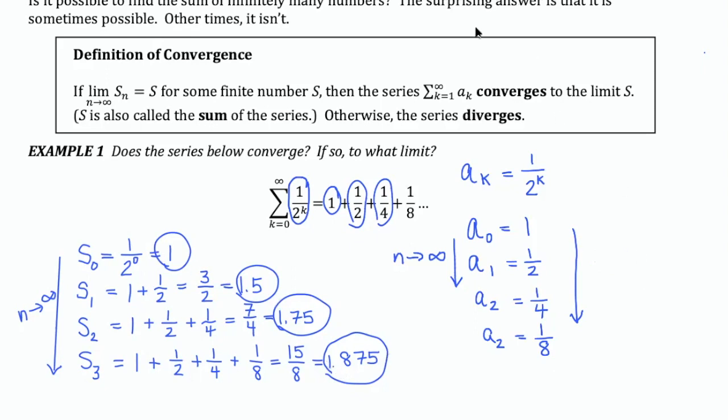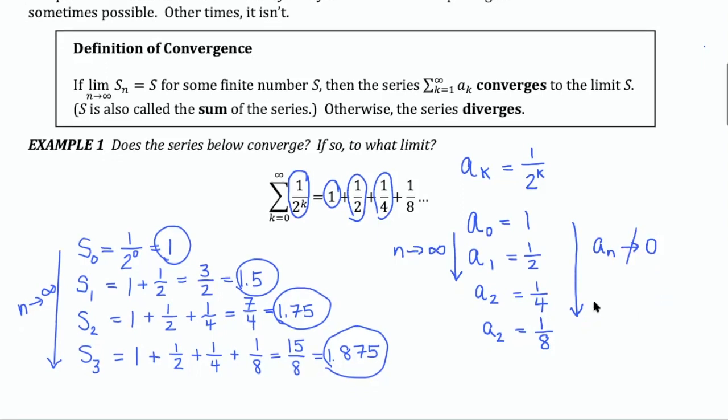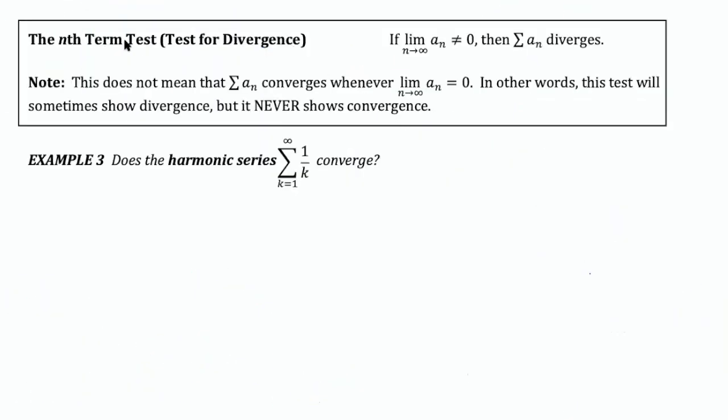And what this Nth term test says is if your a sub n's are not approaching 0, meaning they're not getting smaller and smaller, then your sequence is going to diverge, which should intuitively make some degree of sense. But we do have to be careful with this Nth term test. It is a test for divergence. If this limit is not approaching 0, the sequence will diverge.